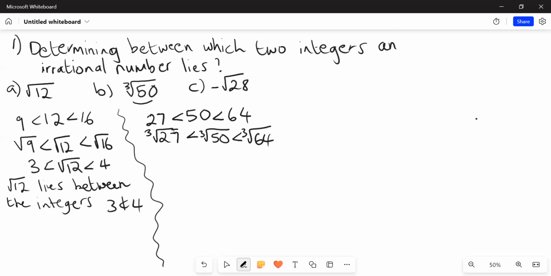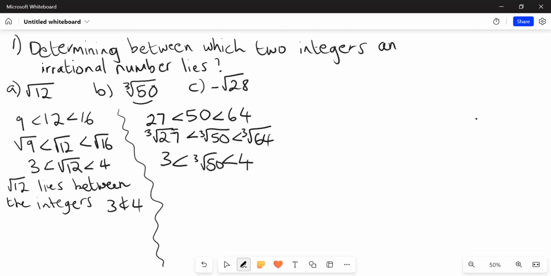Now we've already created our cube root of 50. But the cube root of 27, that's 3. Cube root of 64, that's 4. In between signs, and then we have the cube root of 50, which is our main focus, right?